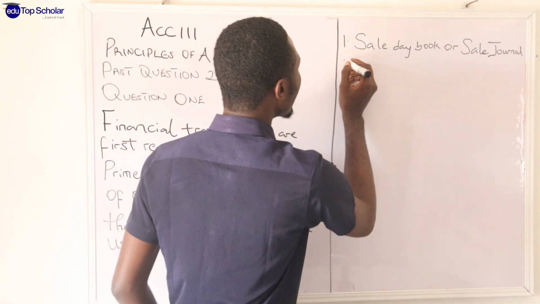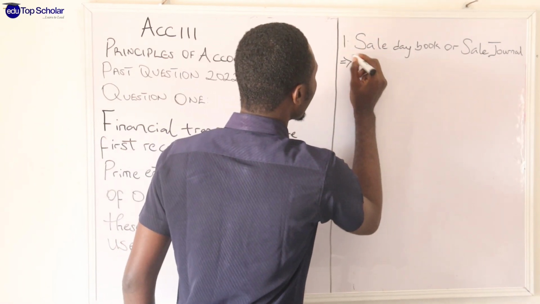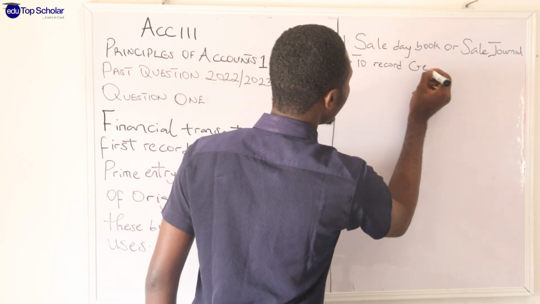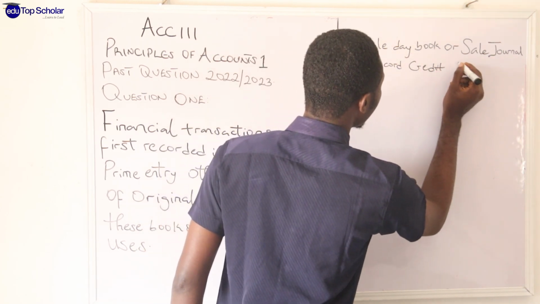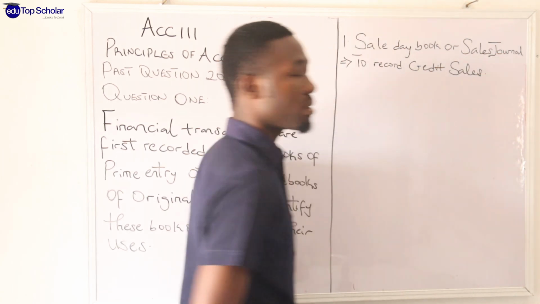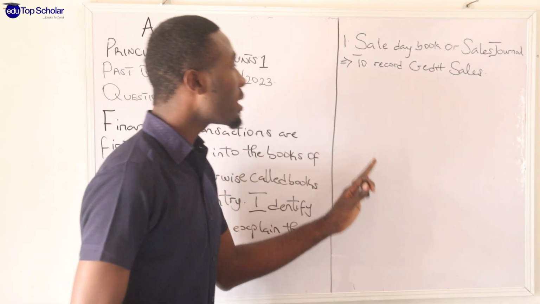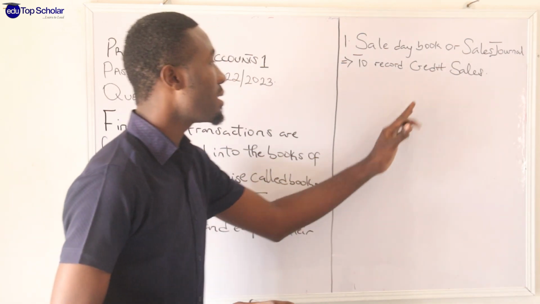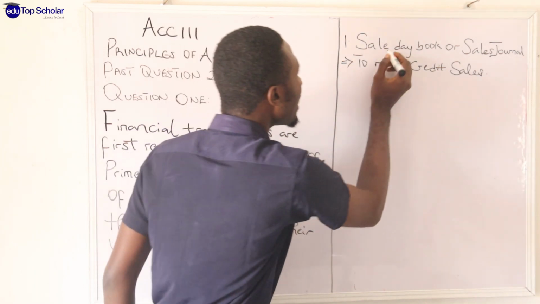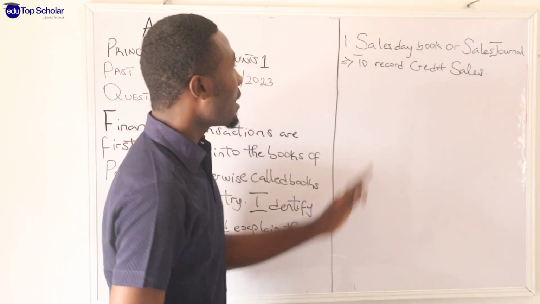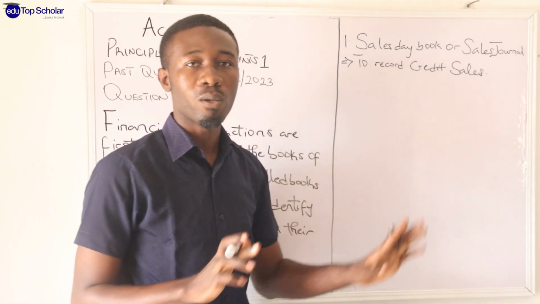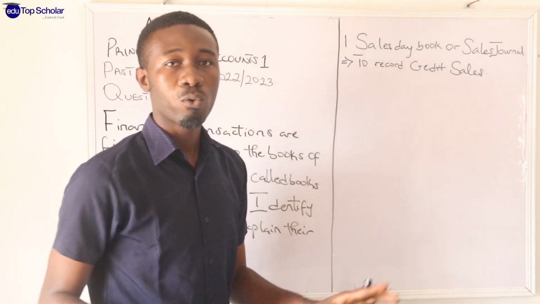A sales day book is primarily used to record credit transactions, credit sales. For exam purpose, all you need to do is just to let your examiner know that a sales day book is used to record credit sales. If you do this, you have your full mark.